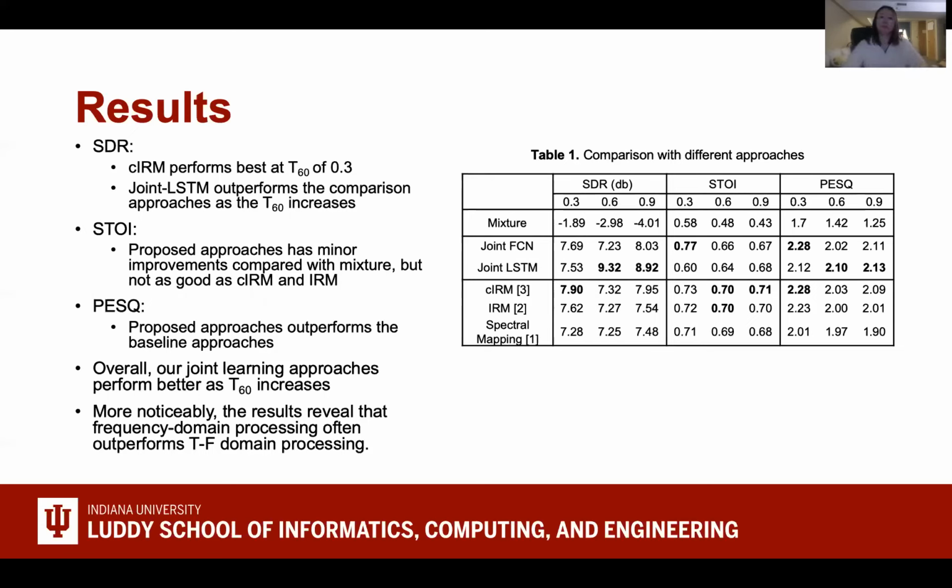For the PESQ score, the proposed approaches outperform all the baseline approaches here. Overall, our joint learning approaches perform better as T60 increases, and more noticeably, the results reveal that frequency domain processing often outperforms time-frequency domain processing.